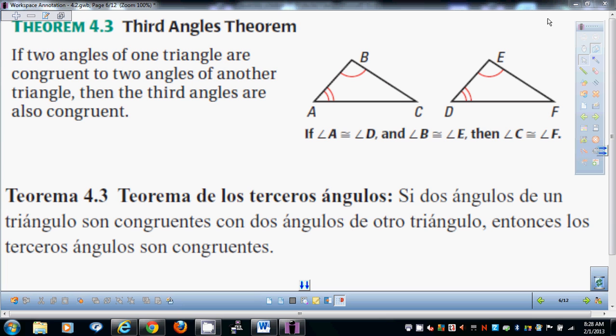Because they all have to add up to 180. So it's an extremely simple logic problem, but yeah, somebody broke it, so I had to write another. So anyway, third angle theorem. If two angles are corresponding and are equal, congruent, then the third one is congruent.